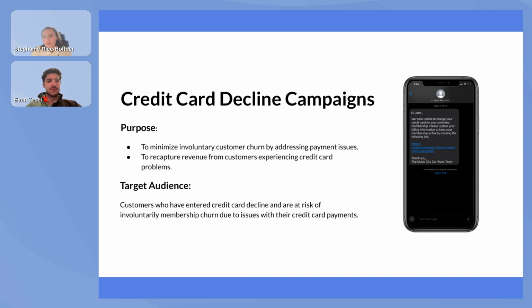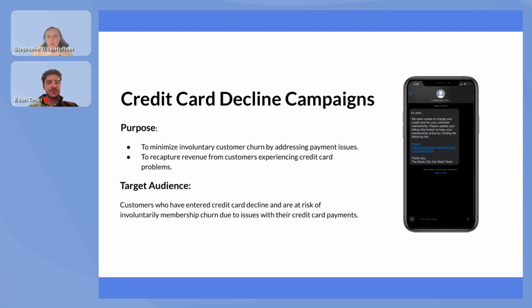So credit card decline campaigns, this is going to be something that looks very familiar to you if you are a current Rinsed customer. We typically have the 4 and 11-day reminders going out to customers to let them know that their credit card has failed to be charged for their membership.